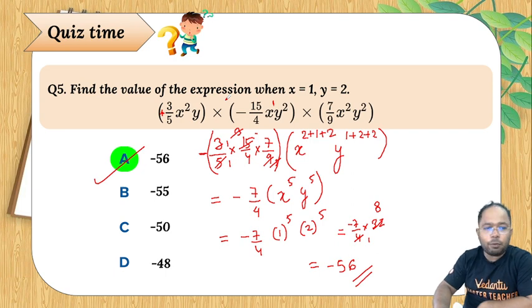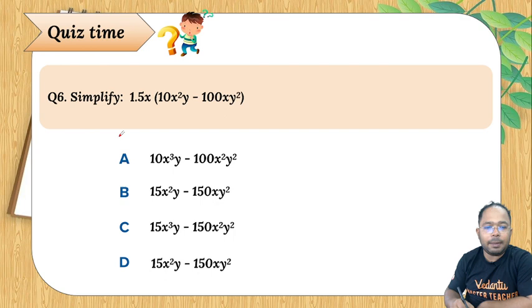Alright, let's move to the next question. Simplify 1.5x into 10x square y minus 100xy square.